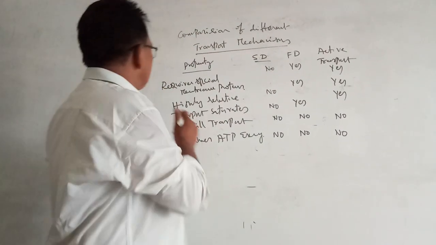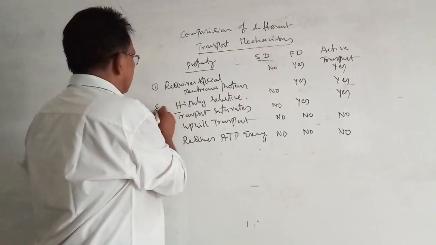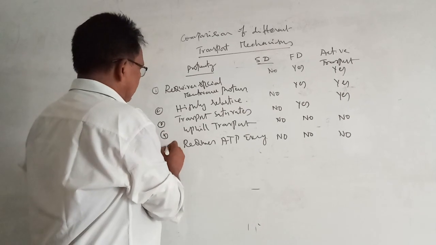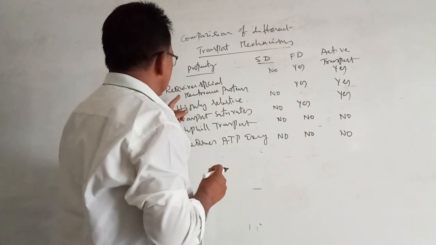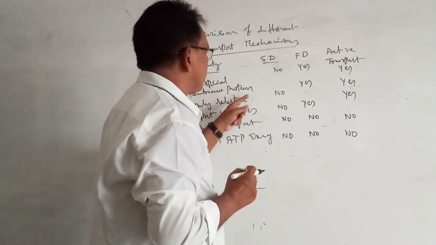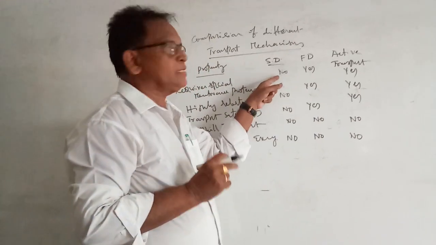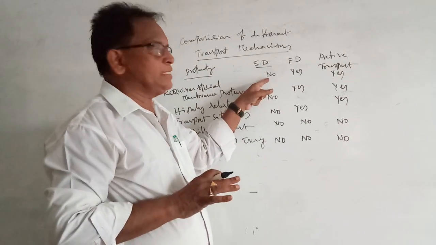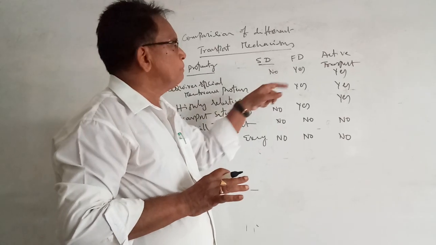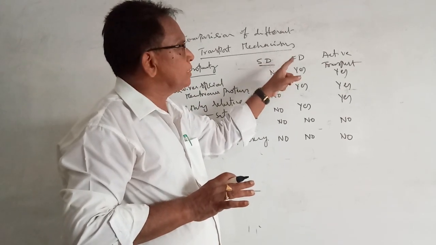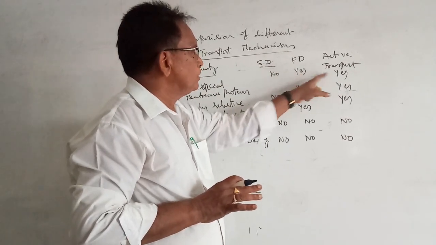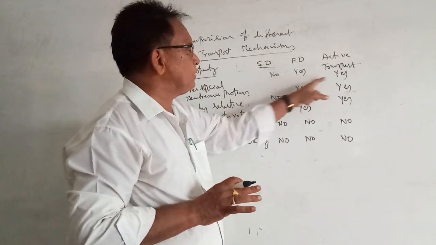Regarding the first property, it requires special membrane proteins. For simple diffusion, there is no need of any proteins for the movement, but for facilitated diffusion and active transport, membrane bound proteins are required.